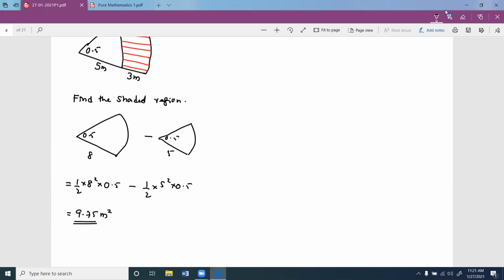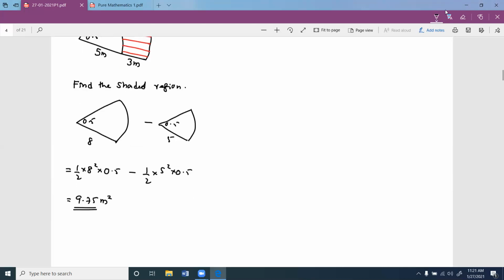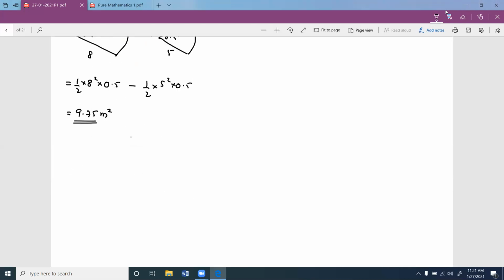Okay, then they might give you a question somewhere like this way as well, but the same approach. This is 0.3 and this is r and this is 2, right?